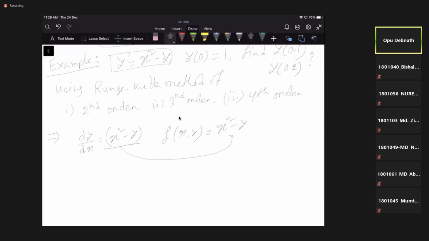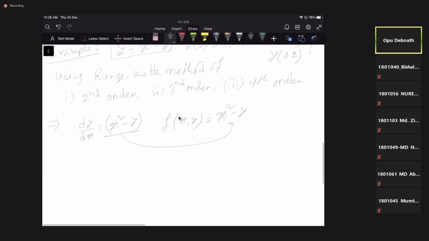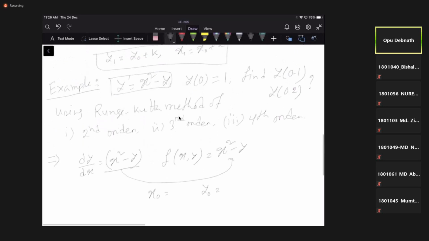Now another thing, we need the value of x0 and y0. As it is an ordinary differential equation of first order, I need at least one boundary condition. That's called the initial value problem. So for this problem, the condition is given already in the equation.